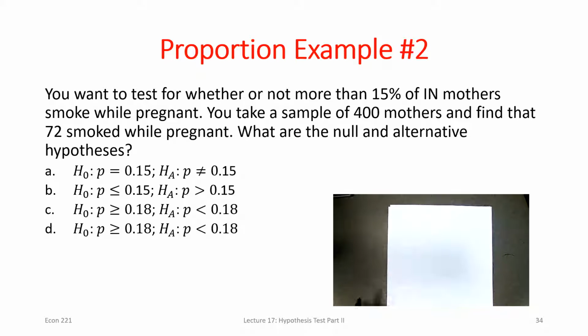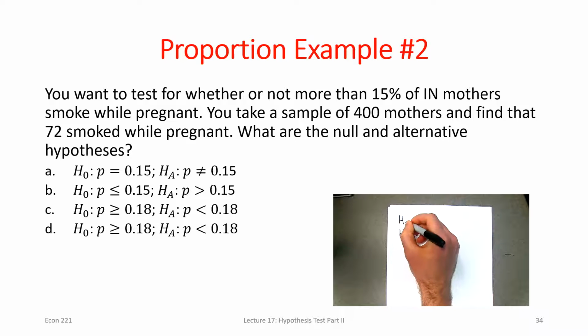There we go. So we want to test for whether or not more than 15% of Indiana mothers smoke while pregnant. What we want to test for is our alternative hypothesis. So is the true population proportion more than 15%, a proportion of 0.15? We'll assume the exact opposite is true, which is that it's less than or equal to 0.15.